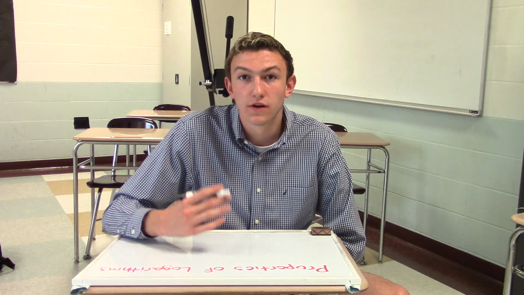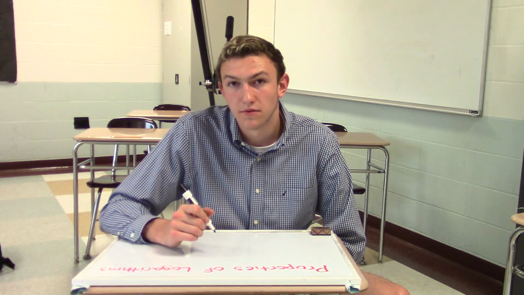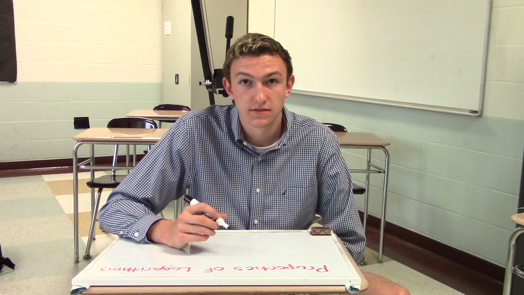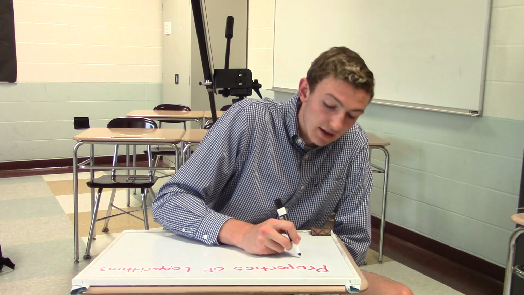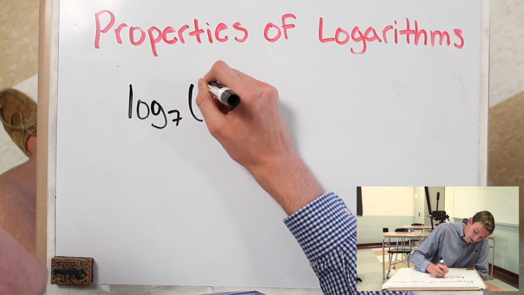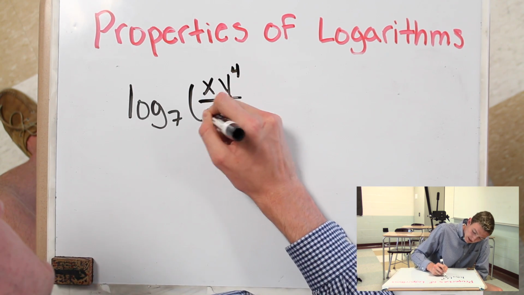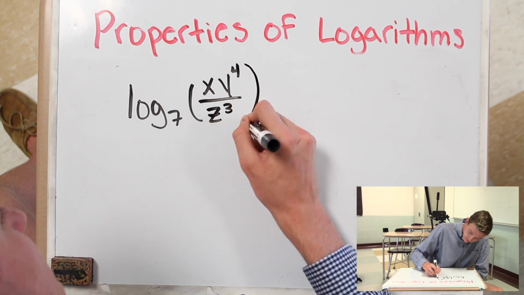Now that we've gone over all three properties in this video, we're going to show you an example that includes all the properties. So we're going to take the log base 7 of x times y to the 4th over z cubed. Okay?